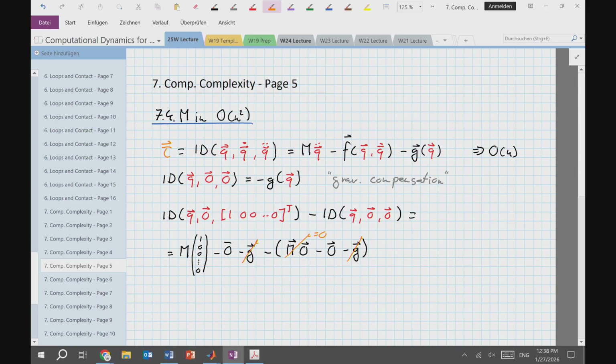This is 0, and we are left with the mass matrix times 1, 0, 0, 0, which will give me which torques we need to accelerate in the first Q. Yeah, or if I just look at this, right, mass matrix times this vector is just the first column of my mass matrix.